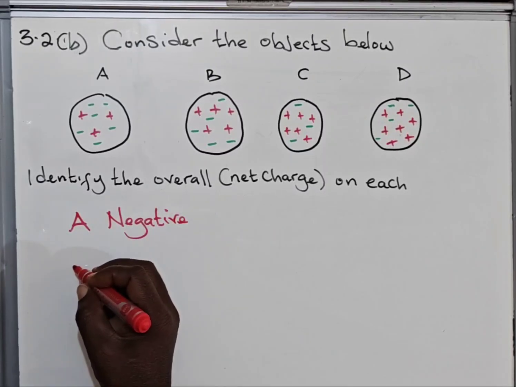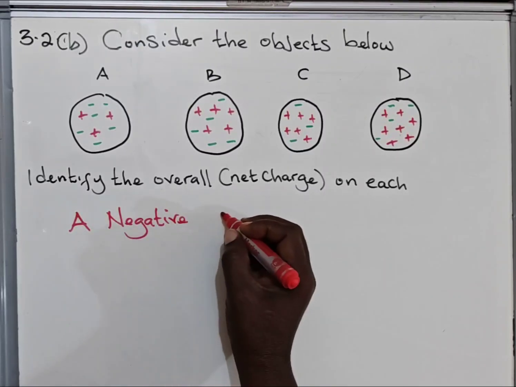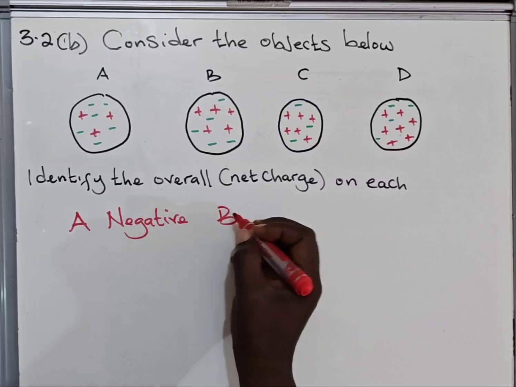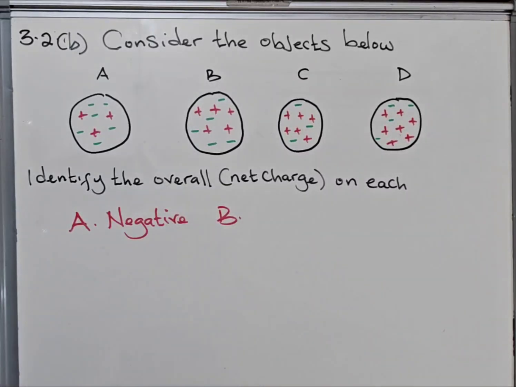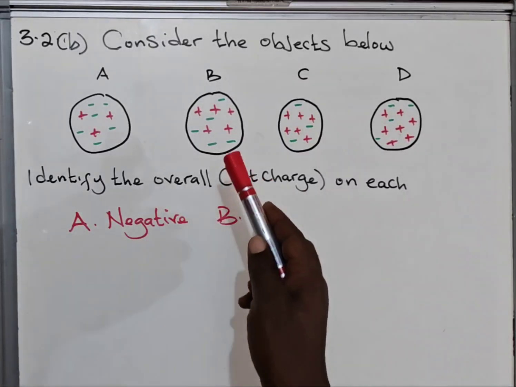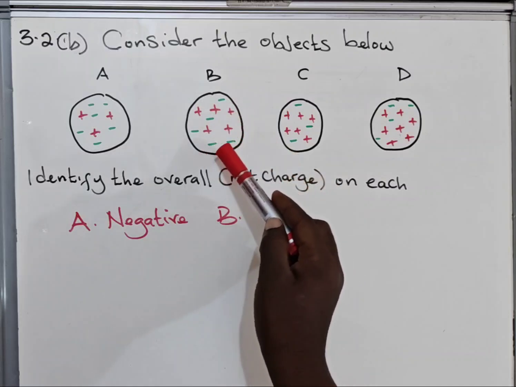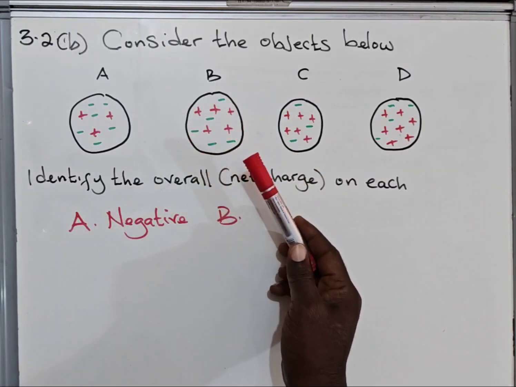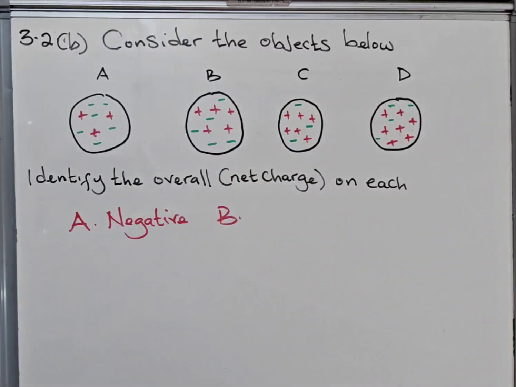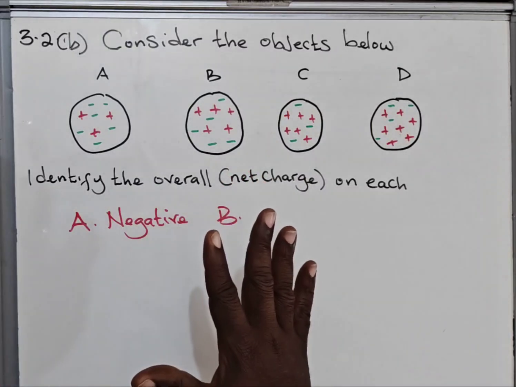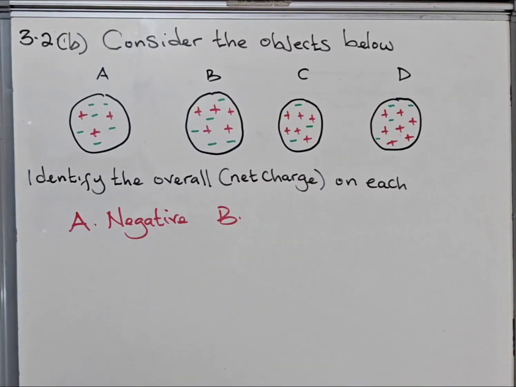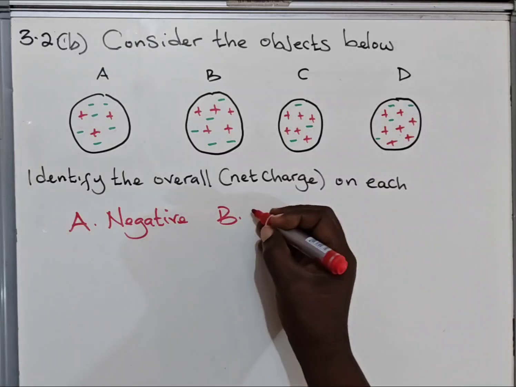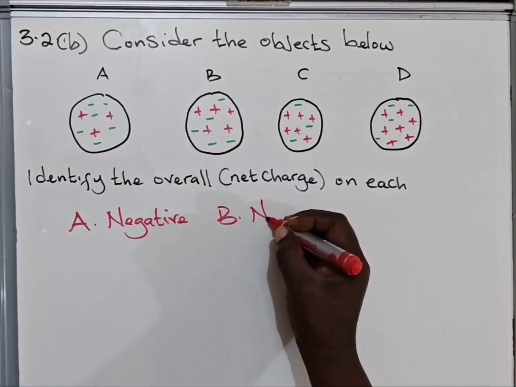Then you come to B. In B, we do the same. We count. The positives are 5 and the negatives are also 5. So what is the net charge here? 0. So net charge 0, we call it neutral. So the net charge on B is neutral.